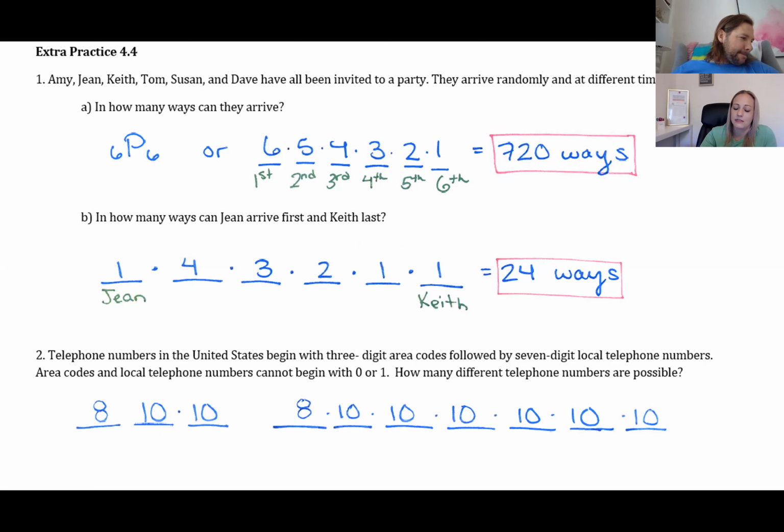And then when you get to the 7-digit local number, you have 8 options for the first digit, because it's the numbers 2 through 9, and then you have 10 for the remaining ones. So by the fundamental counting principle, you're going to multiply all of those together. So 8 times 10 times 10 times 8 times 10 times 10 times 10 times 10 times 10 times 10.